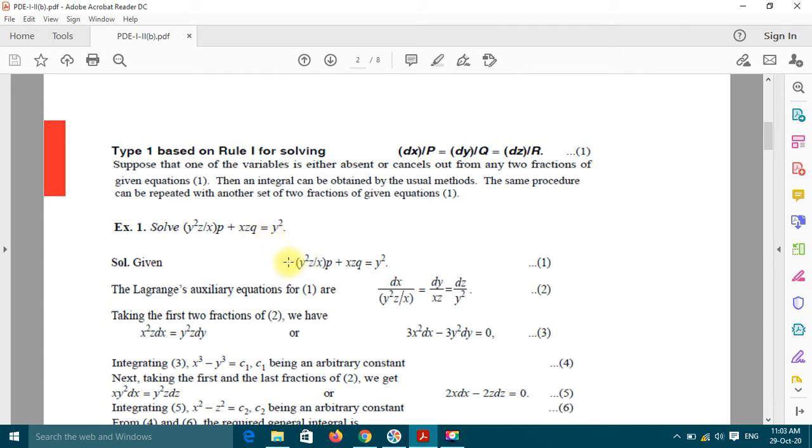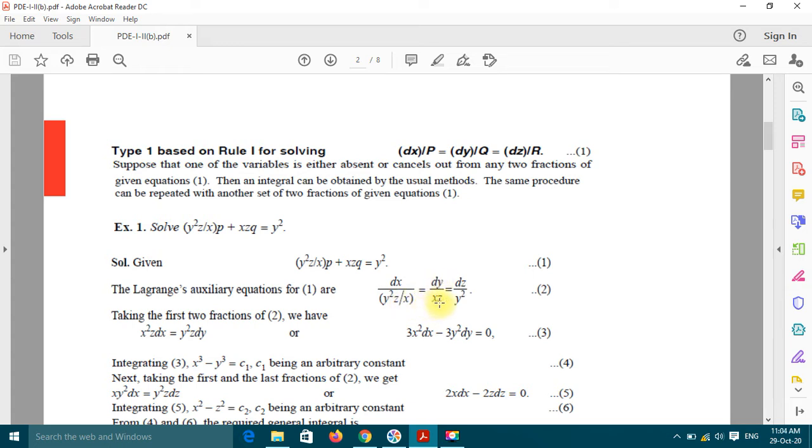Now this equation is already given in the standard form Pp plus Qq is equal to R. So we write the Lagrange's auxiliary equation dx upon y square z upon x is equal to dy upon xz is equal to dz upon y square. Now we take the first two expressions: dx upon y square z upon x is equal to dy upon xz.